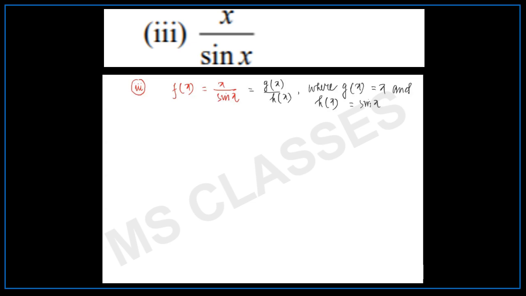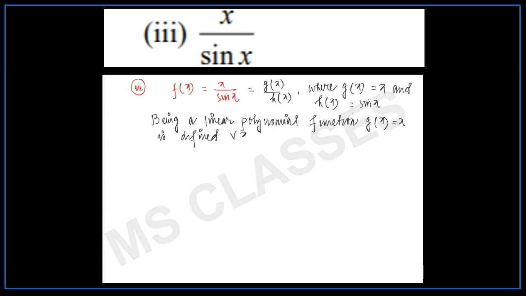Being a linear polynomial function, g(x) equal to x is defined for all x belongs to R.